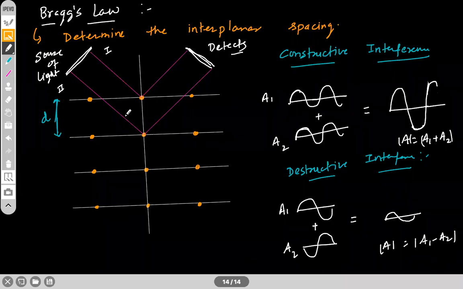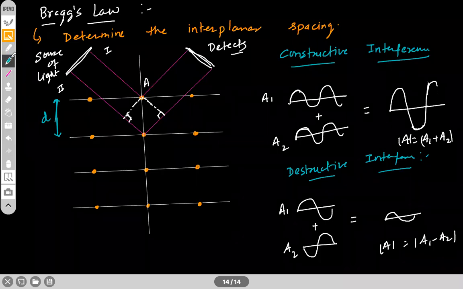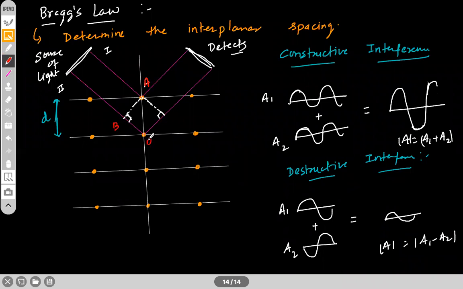The path difference would be this: if you draw a perpendicular from this point to these two lines, suppose this is A, this is B, this is O, and this is C. So the path difference between the two paths is OB plus OC.